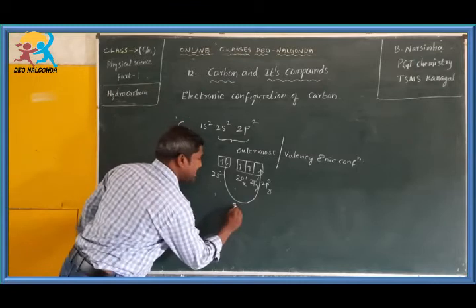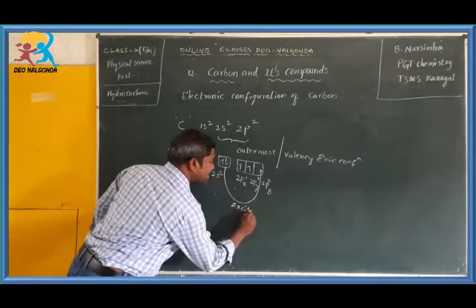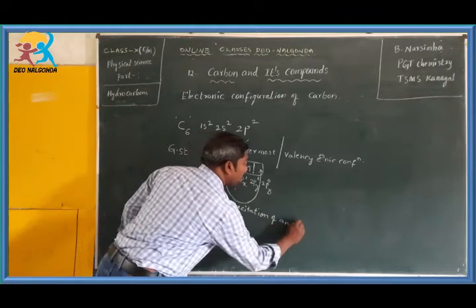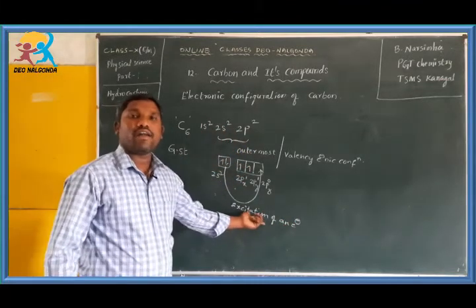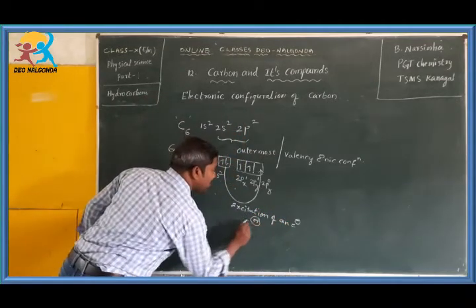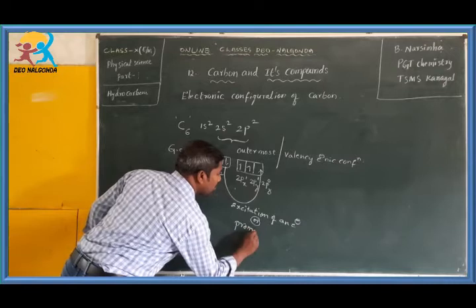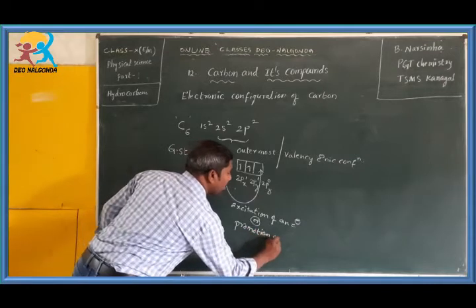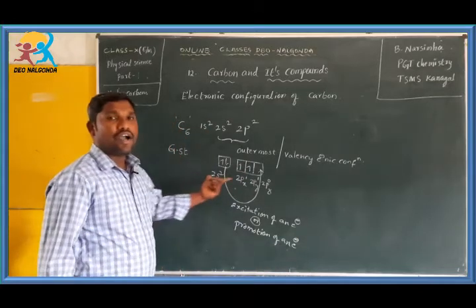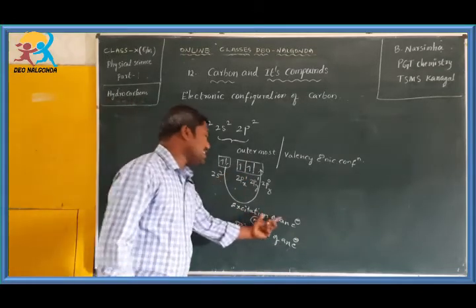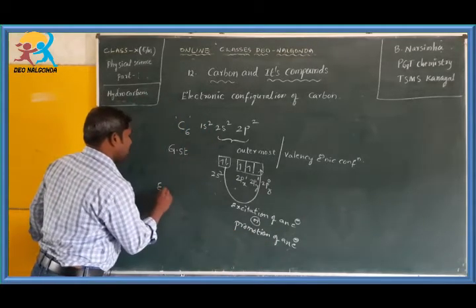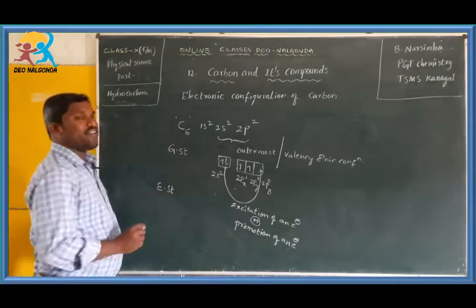This is the excitation of an electron, or promotion of an electron. The electron jumps from lower energy to higher energy. Therefore, that electron configuration is the excited state electronic configuration.